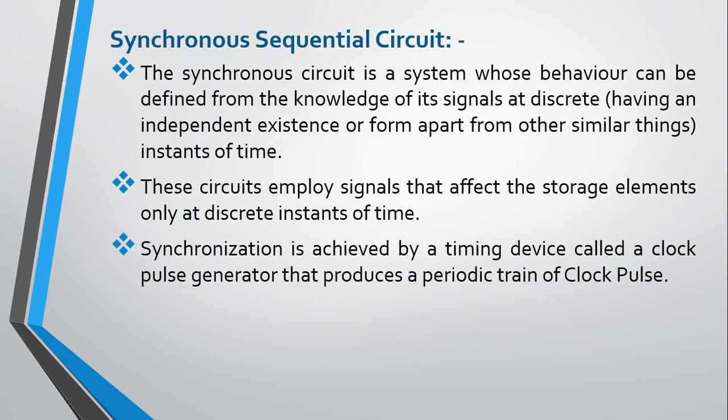Now synchronous means what? Synchronous is nothing but its behavior can be defined from the knowledge of signals at a discrete instant of time. Discrete means what? It exists independently, it is not dependent on anyone. So when there are independent signals, it is known as synchronous.